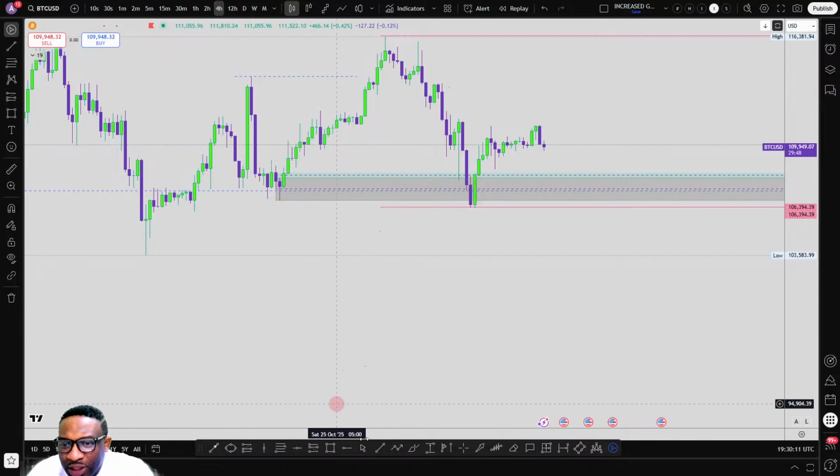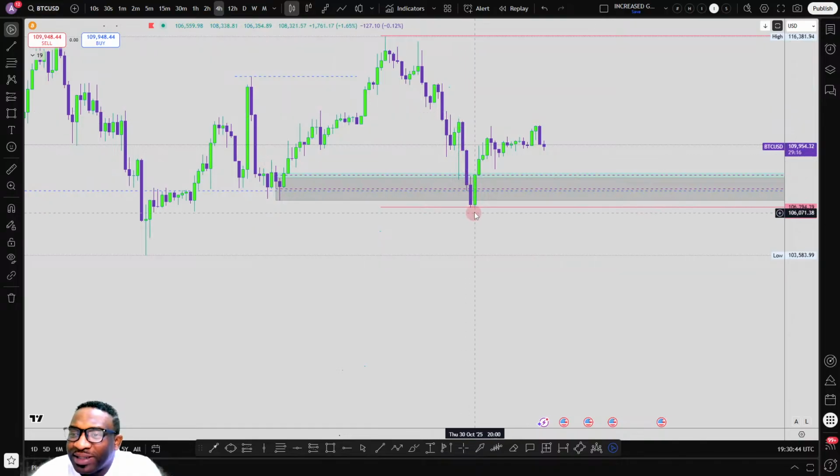Remember, I was telling you about clearing liquidity from the upside in the illustration I gave earlier on. So before it makes any expansive or major move, it wants to clear some of this liquidity. The market always moves from one area of liquidity and gets drawn to the next area of liquidity.